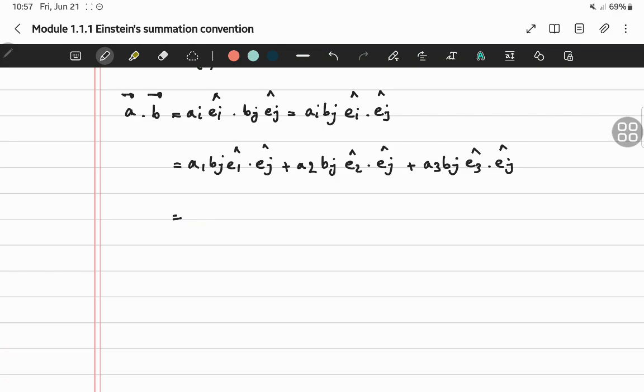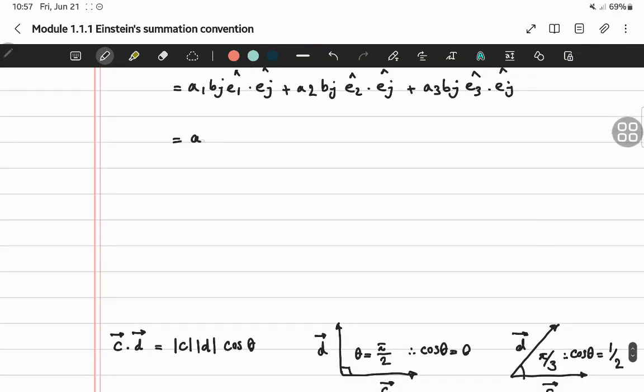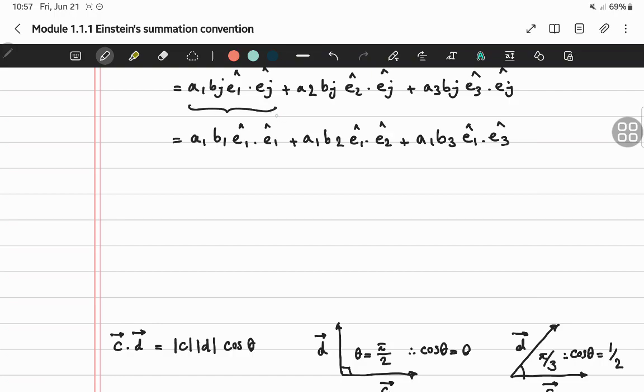Now this equals A_1 B_1 e_1 dot e_1 plus A_1 B_2 e_1 dot e_2 plus A_1 B_3 e_1 dot e_3. So what I did is expand this; this is the first line.